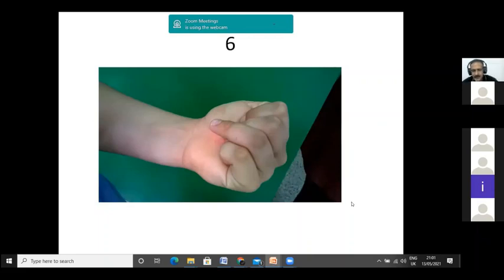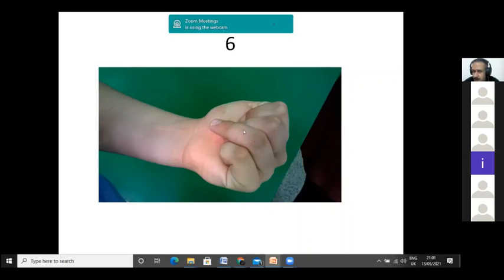Everybody try to flex your fingers and see. Although the middle finger is longer, when you flex, you can see almost all the fingers are in the same line, and the ring finger protrudes a bit more in 90% of the cases. So when you clench the fist, more force is applied over the ring finger.